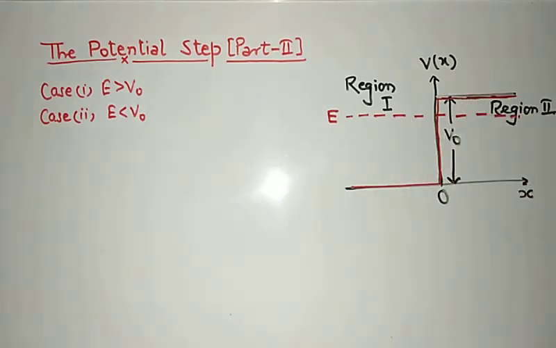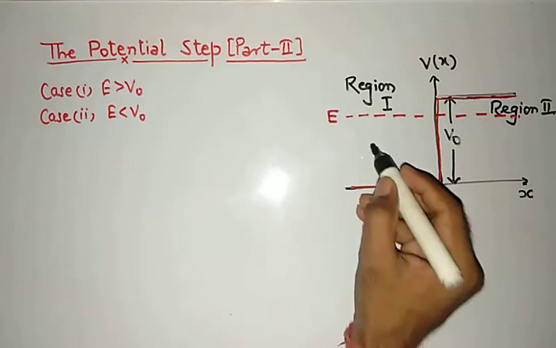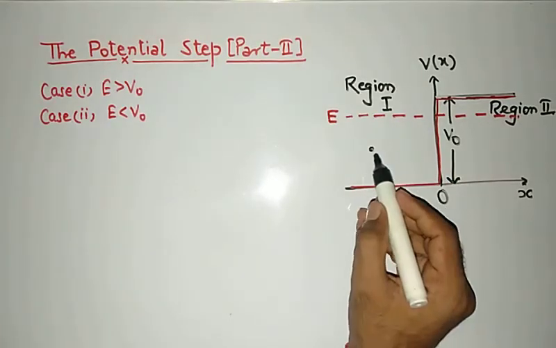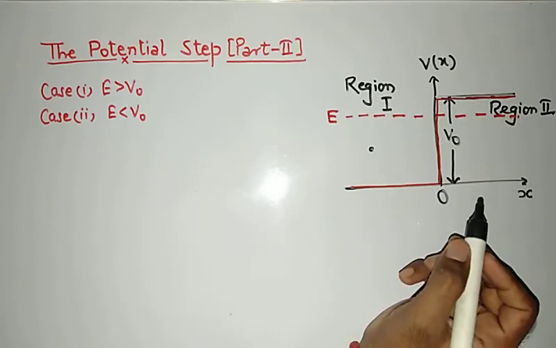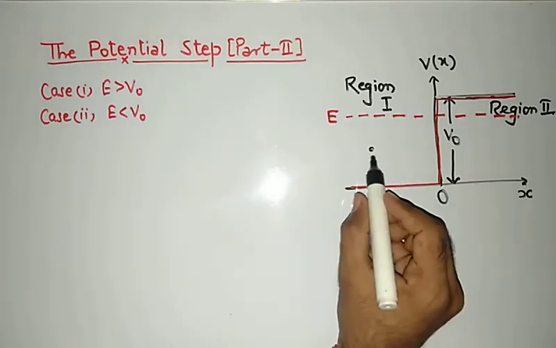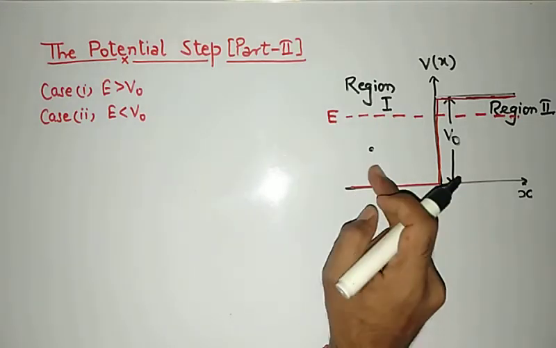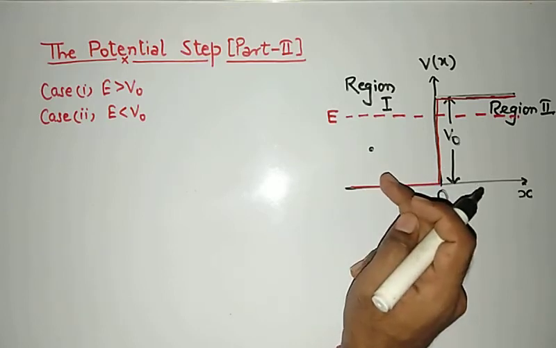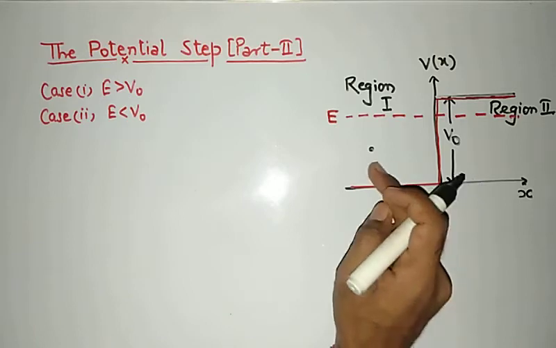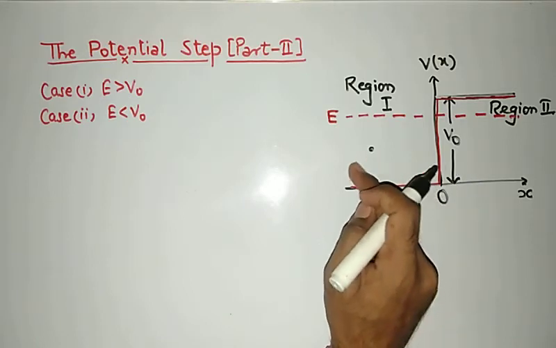So now consider this particle. When we consider this particle, it is in motion. Whenever a particle is in motion, there is a wave packet associated with it, and we can consider the particle's nature using wave nature.